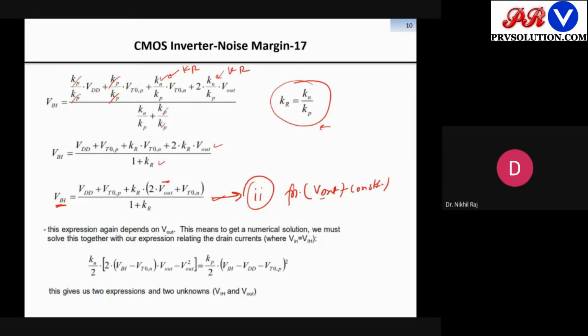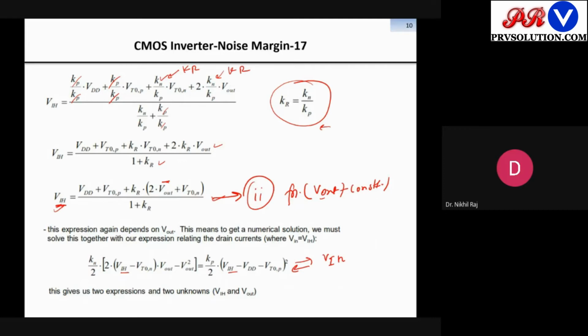So we have got two different equations. Using two different equations and two variables, we can easily get the value of VIH. So we will recall this equation, and in this equation you can substitute this VIH value, so that the resultant gives your VIH as a function of simple terms.